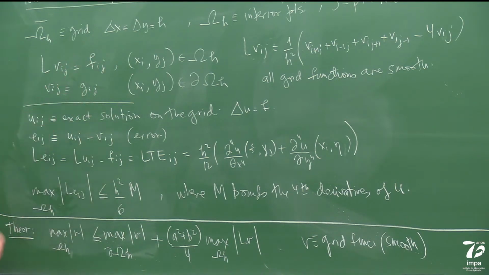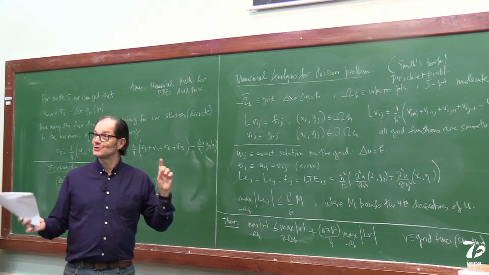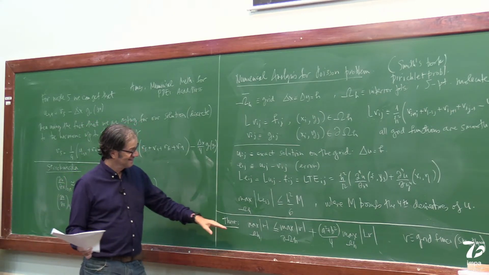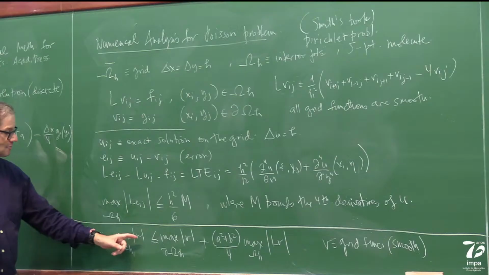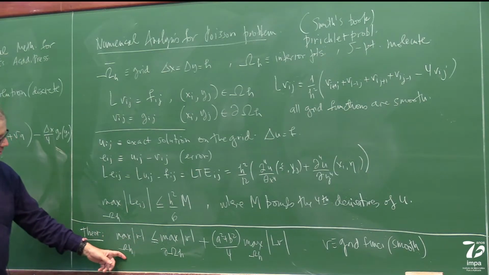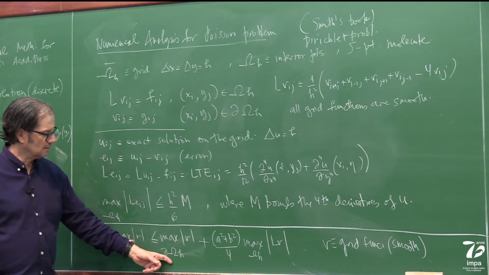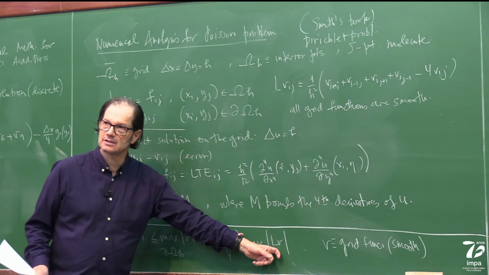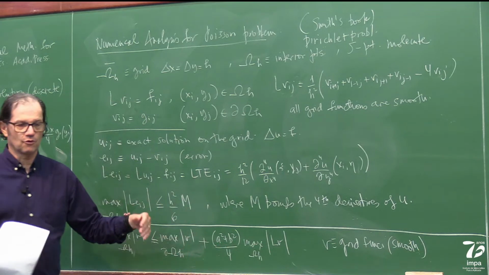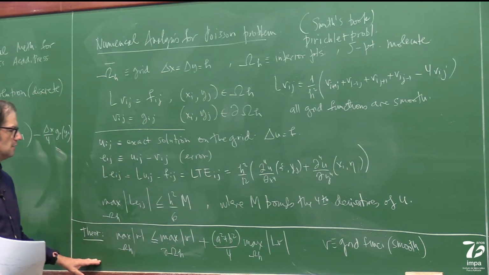We're going to use the fact that for a smooth grid function we can do this bound. The maximum of this grid function inside is going to be bounded by this value plus this, where this is the operator acting. It does not necessarily solve Poisson's equation, and we're going to use this for our needs.